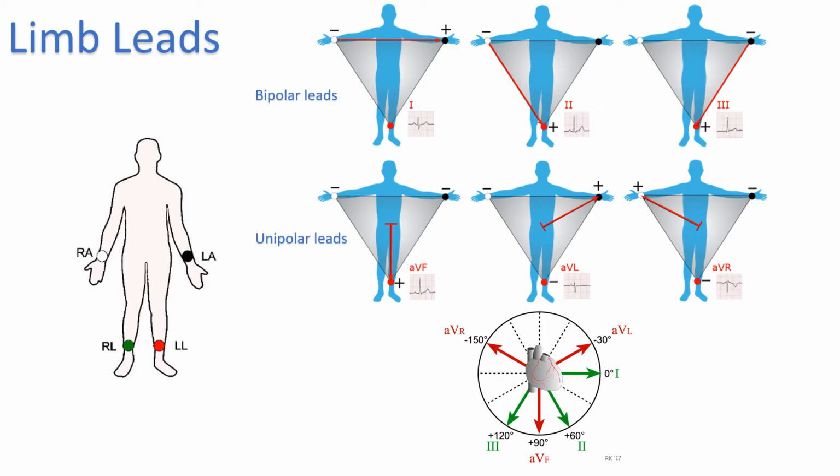Lead 2 is made from taking the negative charge of the right arm and drawing it to the positive charge of the left leg. And since this is downward, and we know that the overall net force of depolarization is downward and to the left, we know that anything that is positioned downward and to the left should deflect upward when it detects force.